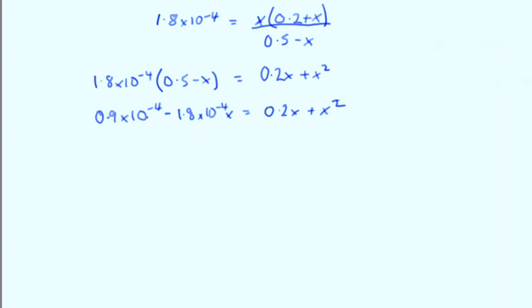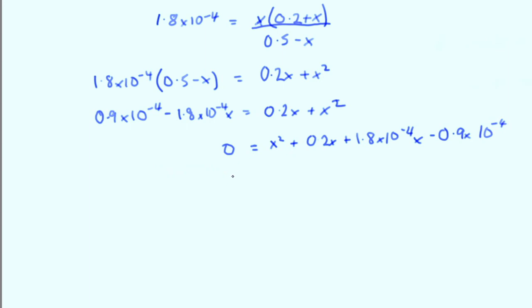Next, we rearrange and put these onto the other side, leaving 0 here. So 0 equals, and I'm going to put these in the correct order, x squared plus 0.2x, and then plus 1.8 times 10 to the minus 4x, and minus that little one there.